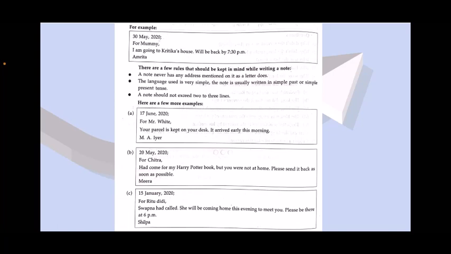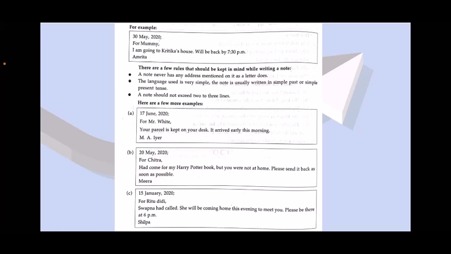Then it also mentions the name of the person for whom this note is meant. At the end, you also see the name of the person who has written this note. And we will see that this note is only of 2 sentences. So they have kept it small and they have kept it brief.